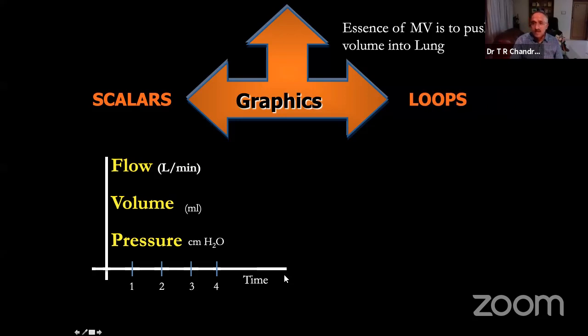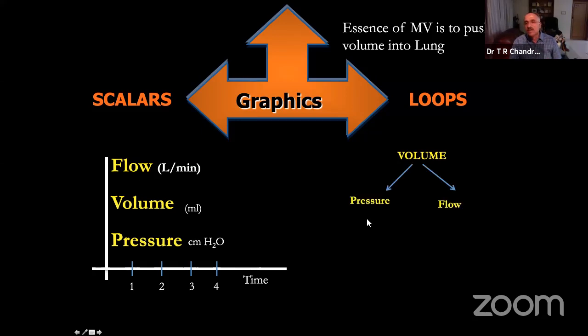Then there are something called loops. We have said that the whole essence of mechanical ventilation is to push a volume. So volume should be there. When you are analyzing, it doesn't make sense if you don't have volume as one component. Once you fix that volume is one component, then there are only two other components.